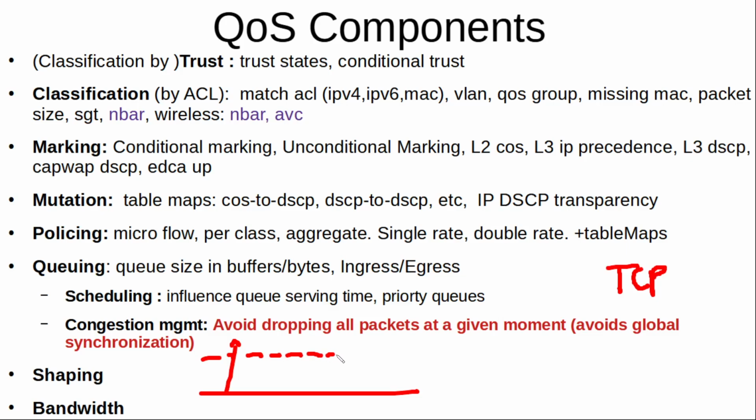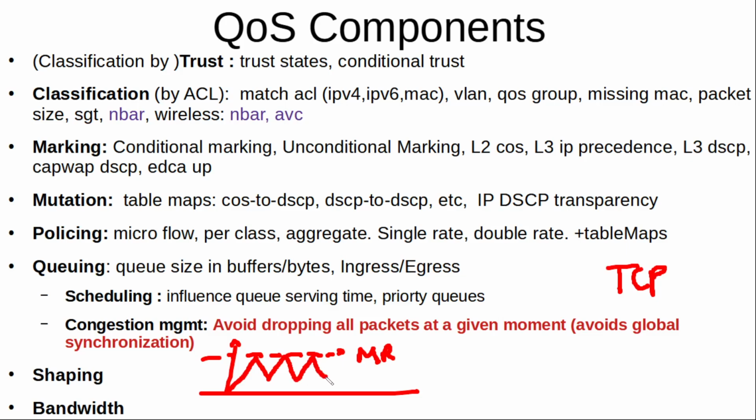So if this is your maximum rate here, and your traffic starts growing, at a given moment you are going to drop all your TCP traffic, and then TCP will try to recover, and then when reaching your maximum rate, you will drop all your TCP traffic again.